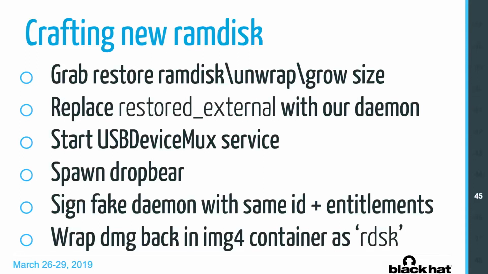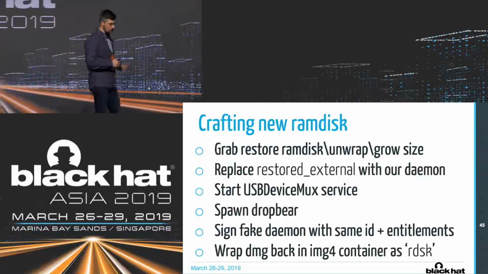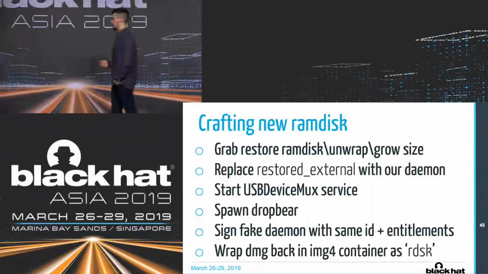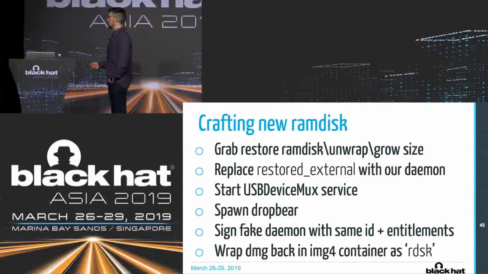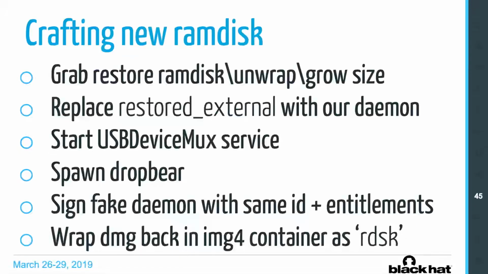We need to replace it with our service that will start USB device MUX and spawn the Dropbear, so we can connect to a device over SSH. And the tricky one here is that we need to sign our fake daemon with the same application IDs, because there's one of the mitigations from iOS 10.